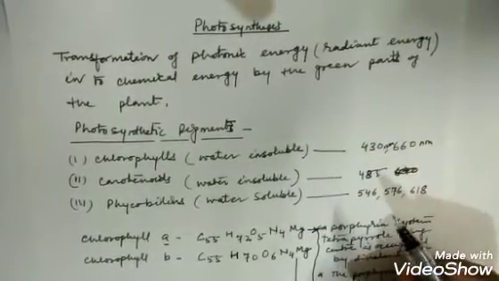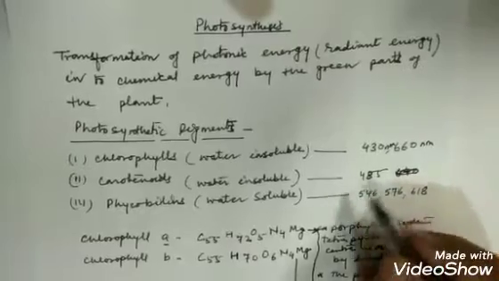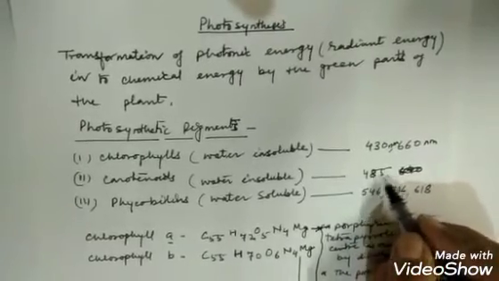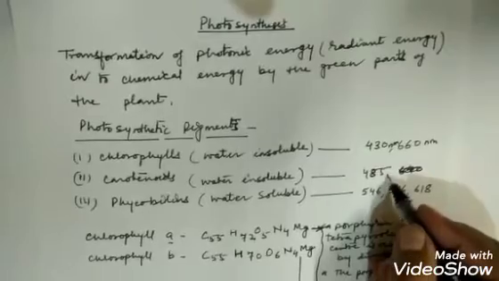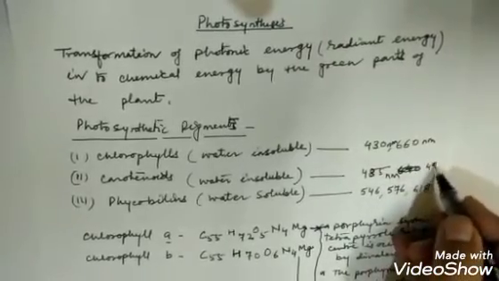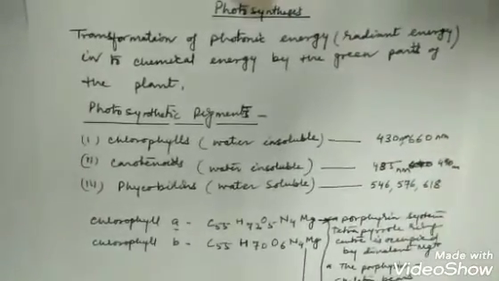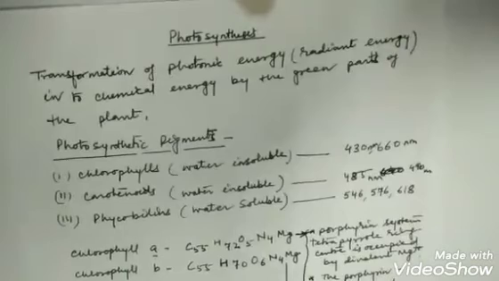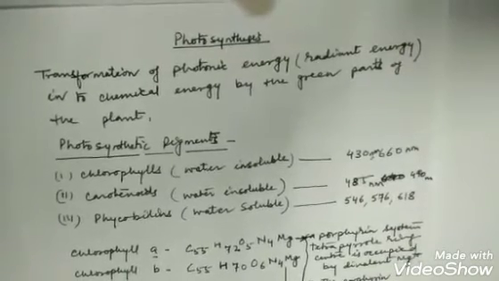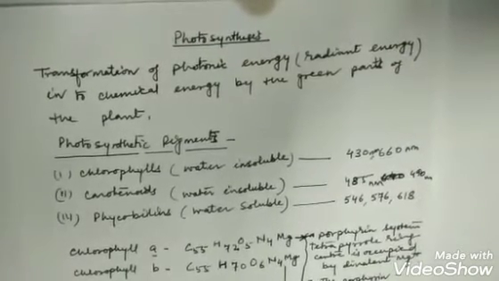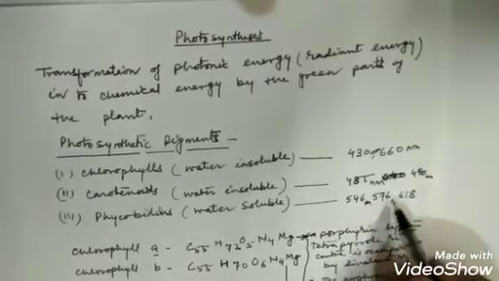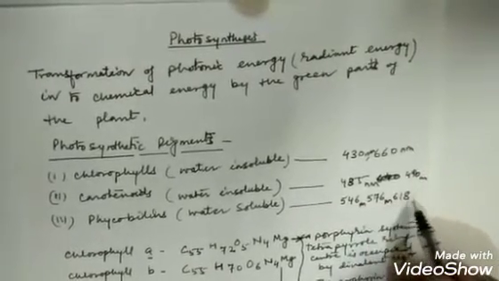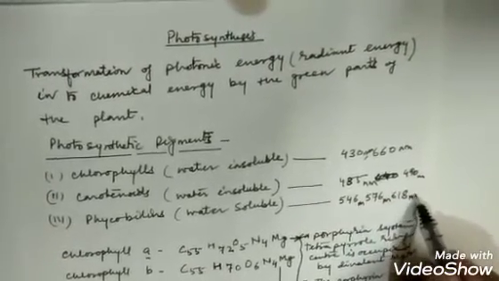And carotenoids are also water insoluble pigments. Their absorption maxima varies from 485 to 490 nm. And phycobilins are water soluble pigments, which are mainly found in red algae and blue green algae. Their absorption maxima varies from 546 nm to 576 nm and 618 nm.